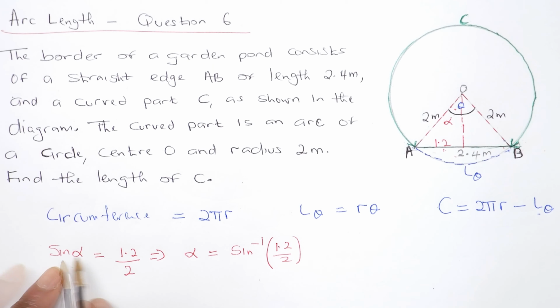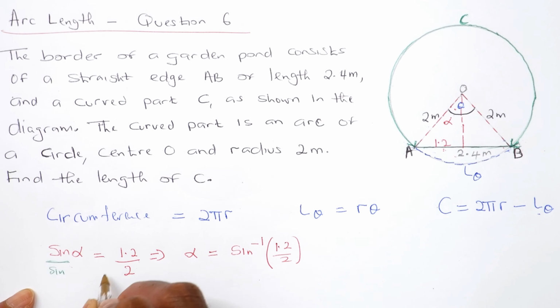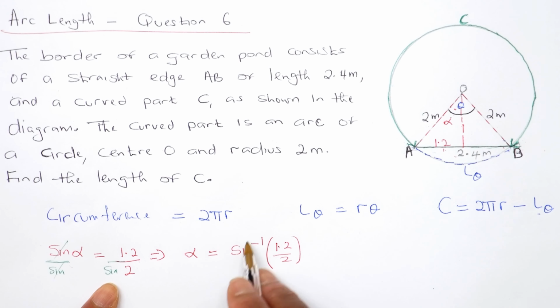What I did was divide both sides by sine. So sine cancels sine, and 1 over sine is sine to the power minus 1. So that's how I get that.